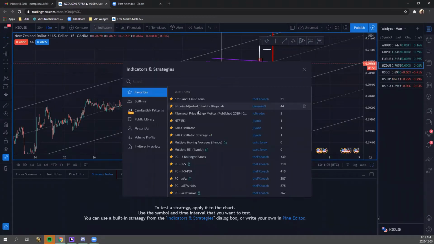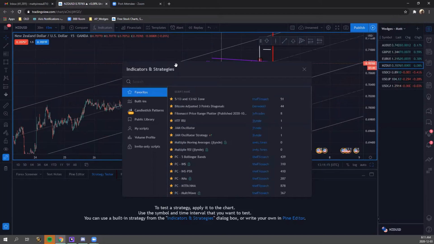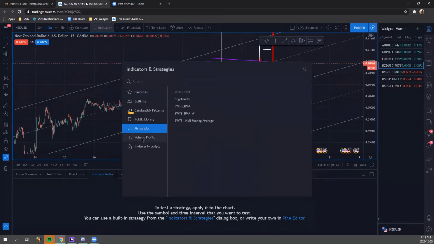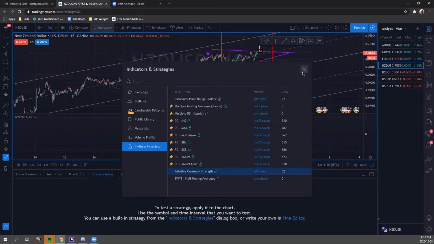Indicators, RCS, relative currency strength. Let me see my scripts. Invite only scripts, right there, the second one from the bottom. I've got too much.